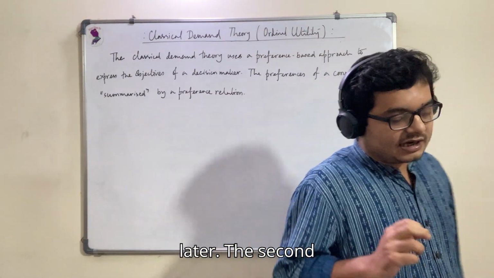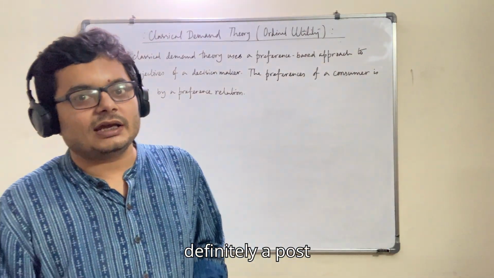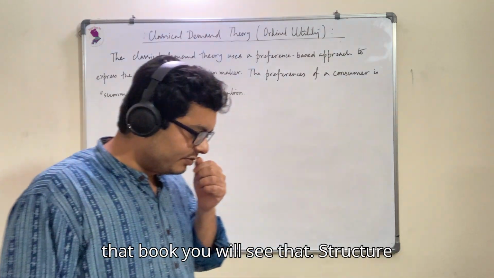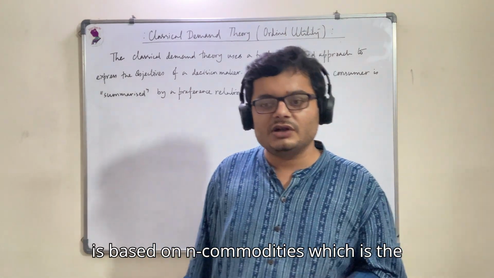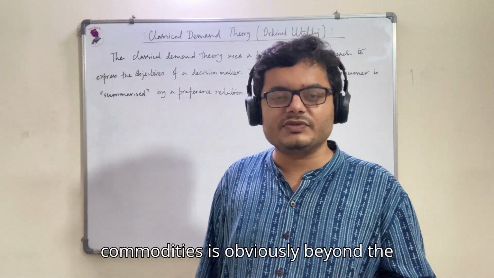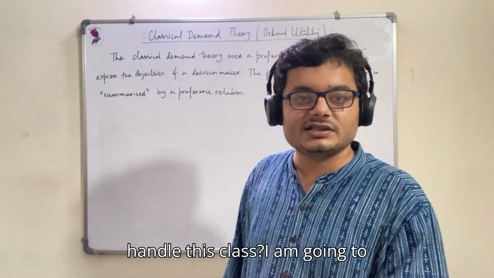The second important point is that Mas-Colell is definitely a postgraduate standard book. If you open that book, you will see that the structure is based on N commodities, which is the general structure obviously. Now N commodities is beyond the syllabus of UG. So how are we going to handle this class?